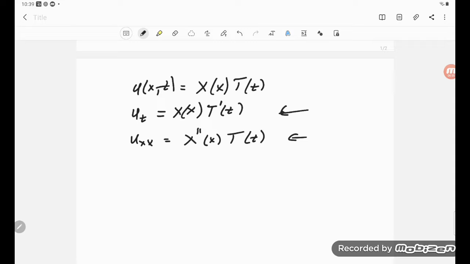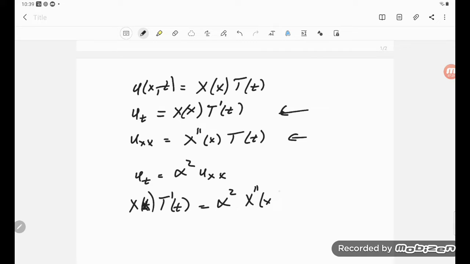And so then, for our u sub t equals alpha squared u sub xx, on the left-hand side we have our X of x, not X of t, X of x times T prime of t equals then alpha squared X double prime of x T of t.